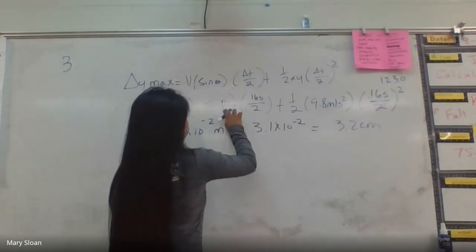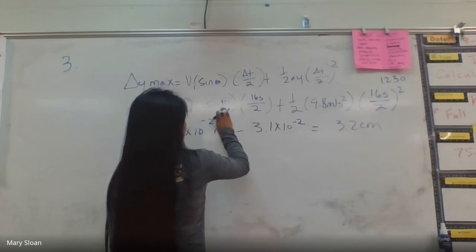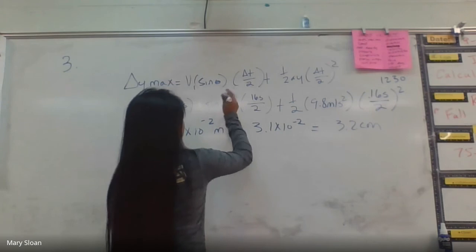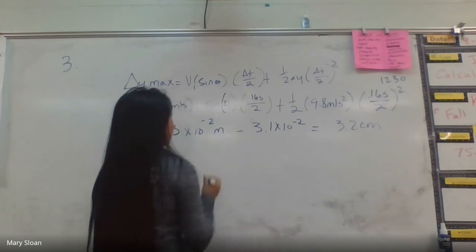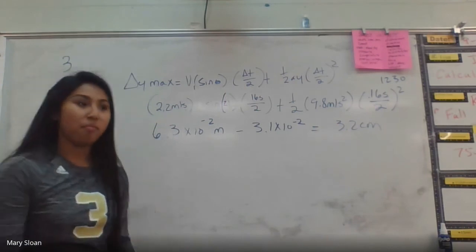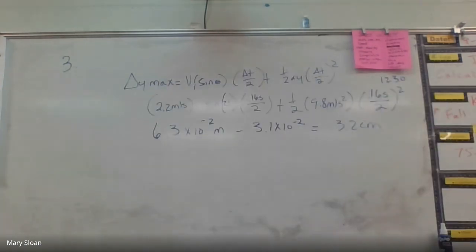All four of us got it back here in this corner. 0.16 over 2. Close my bracket, plus.